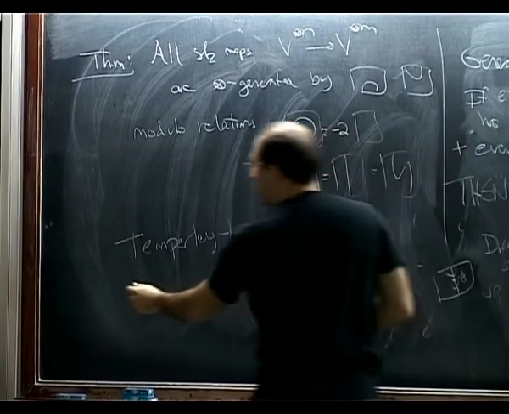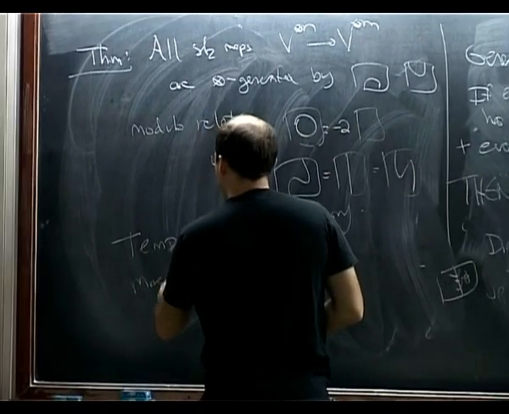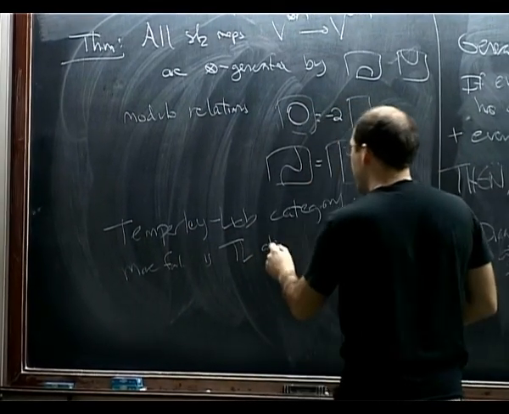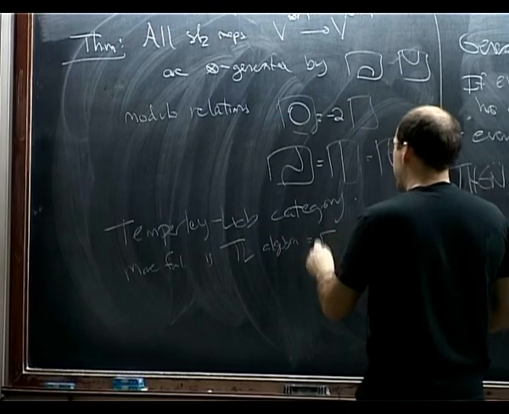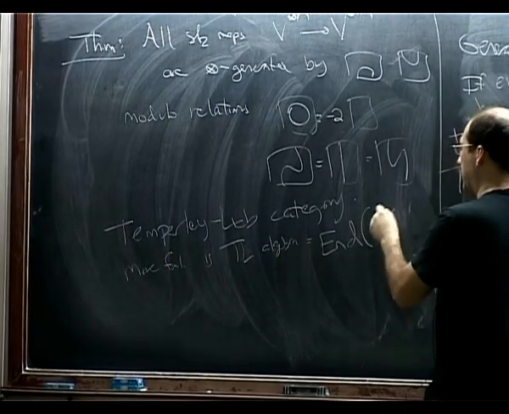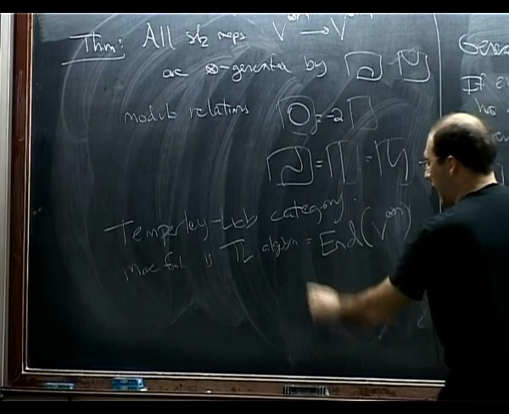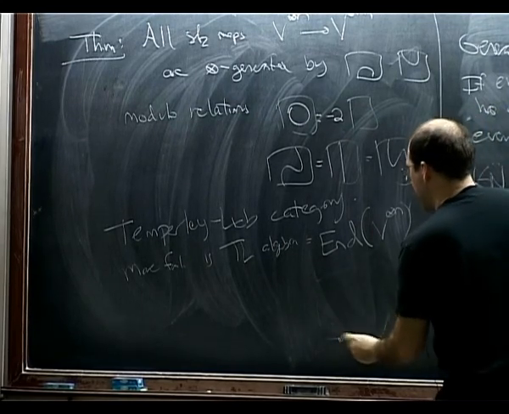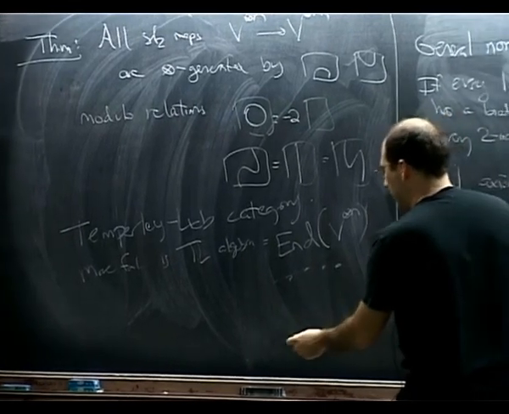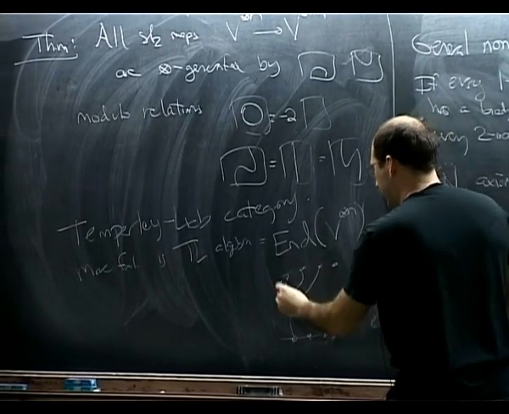Okay? So more familiar is the Temperley-Lieb algebra, which is you fix an n, and you look at the endomorphisms of V tensor n. So that would be things with exactly n dots on the bottom and n dots on the top, and then sort of ways to connect them up.